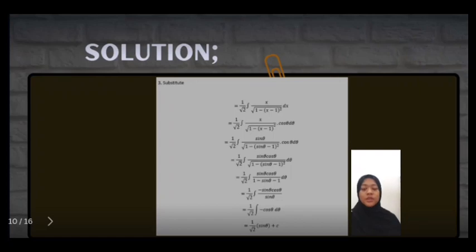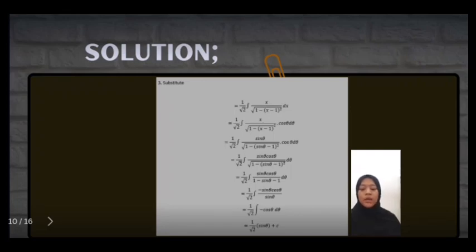Next, we're going to substitute our dx value with the one that we already found, which is dx equal to cos theta d theta. After we substitute cos theta d theta, we substitute x with sine theta. After we substitute it, we can cancel out the square root with the square.